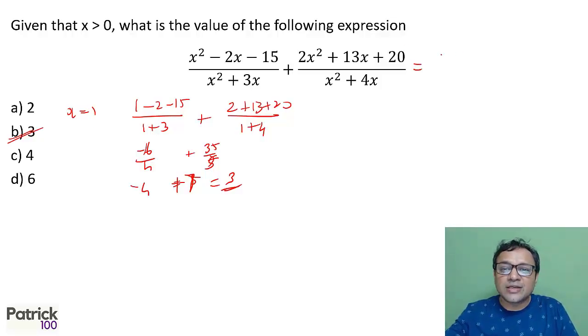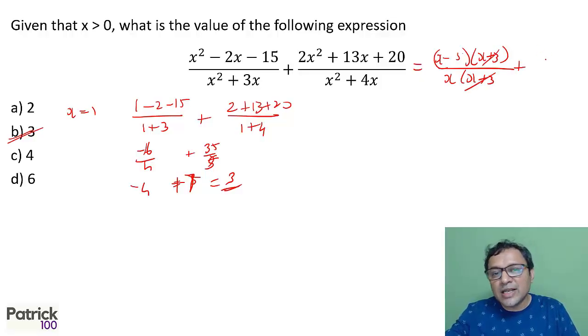If you factorize the terms, it becomes (x minus 5)(x plus 3), and the denominator becomes x into (x plus 3). So x plus 3 gets cancelled. Right hand side becomes: 2x square plus 13x plus 20, and if you break up 13 as 8 plus 5, since 8 times 5 is 40, you can break it up as 2x square plus 8x plus 5x plus 20.